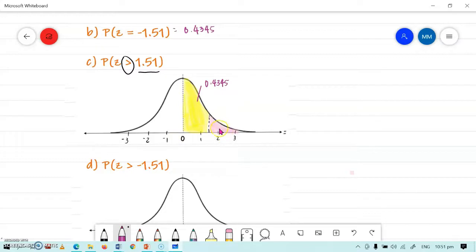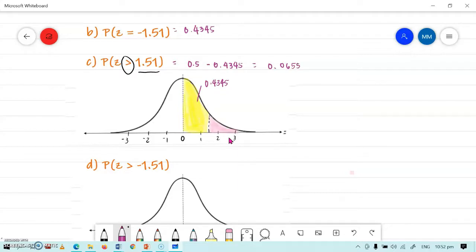So how do we find the area of the pink region? Of course, we need to subtract. So to find the area of z to be greater than 1.51, we have 0.5 minus 0.4345. So using your calculators, it will give us 0.0655.